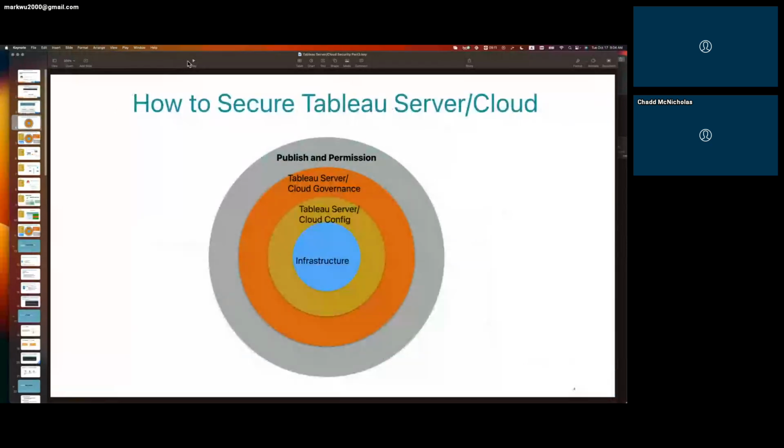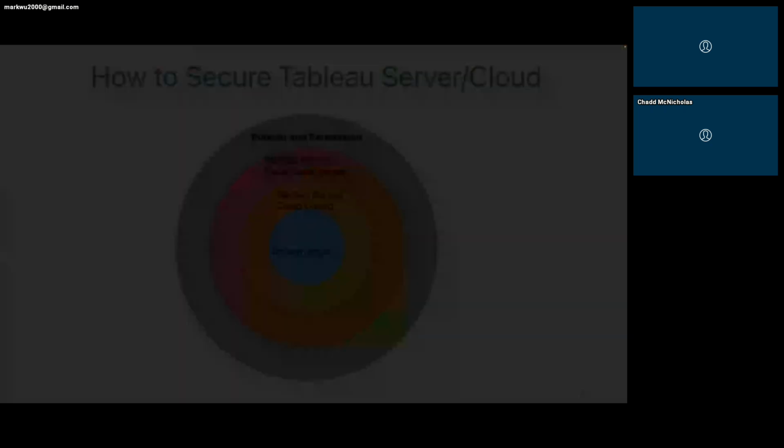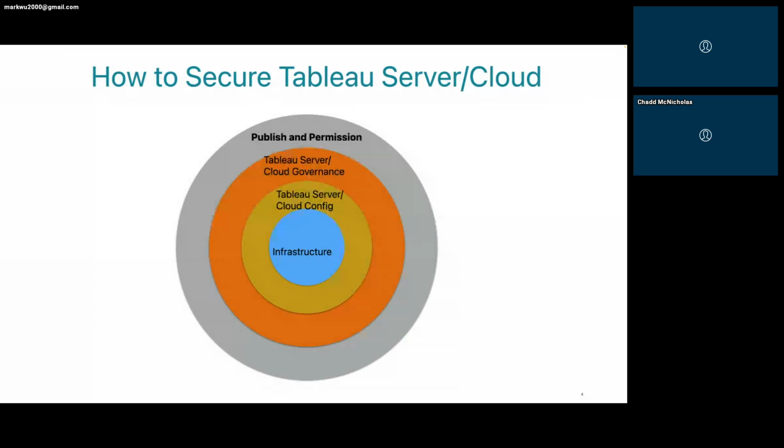I still found it much easier if I show the four things this way. It's easier for me to communicate to my stakeholders, the business teams. The center I call infrastructure, which covers network, everything. Above that is the server or cloud, which is configured by us as admins.